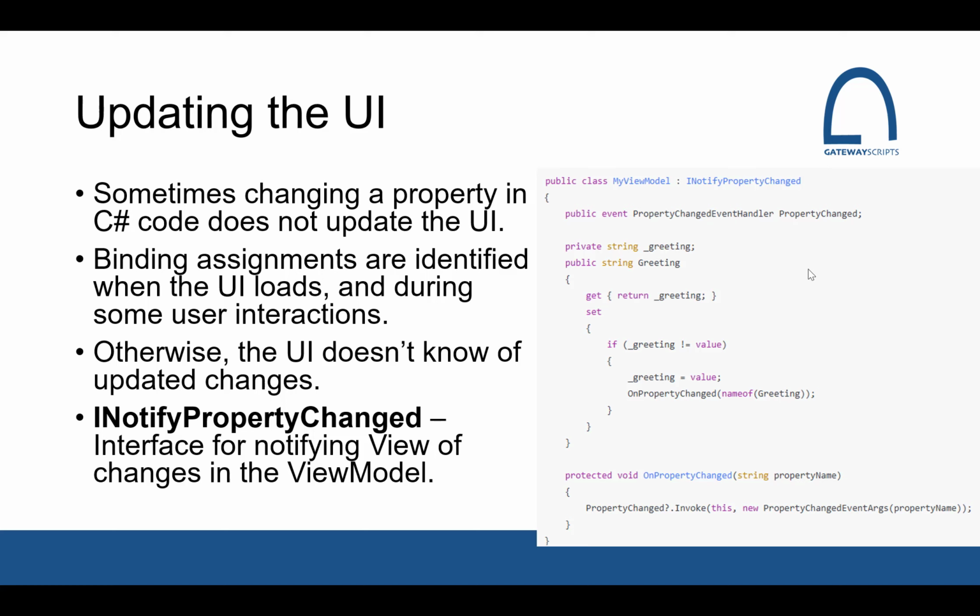Notice that you do not put in the property value, you just put in the name of the property. So it would be Greeting here, not actually what the greeting says. The reason for this is that the UI needs to know the name of the property that it should reevaluate, and it'll go back to the view model and reevaluate the value of that property.